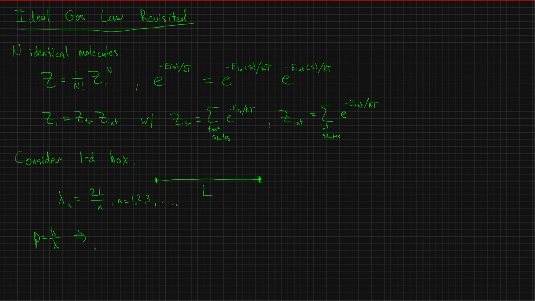Hopefully you're familiar with that. Then we can use our expression for lambda in this general expression. We can get a p sub n, the momentum, as a function of the number of nodes in this box, and we get the following expression. It's equal to hn all over 2 times L. Okay, so far so good.